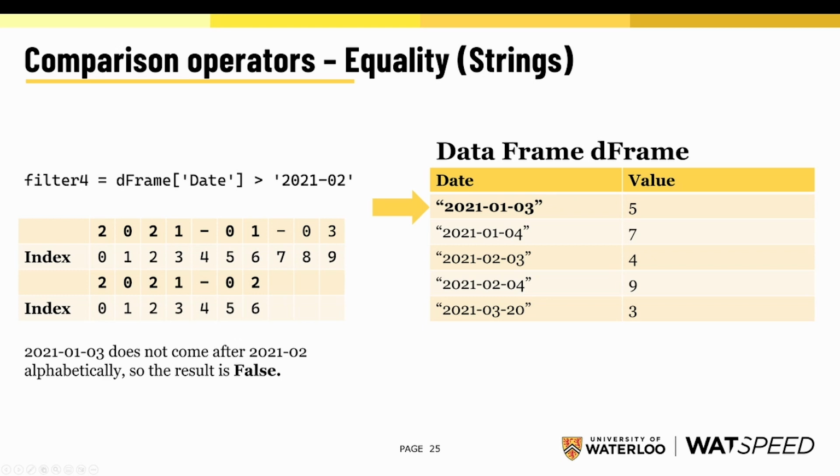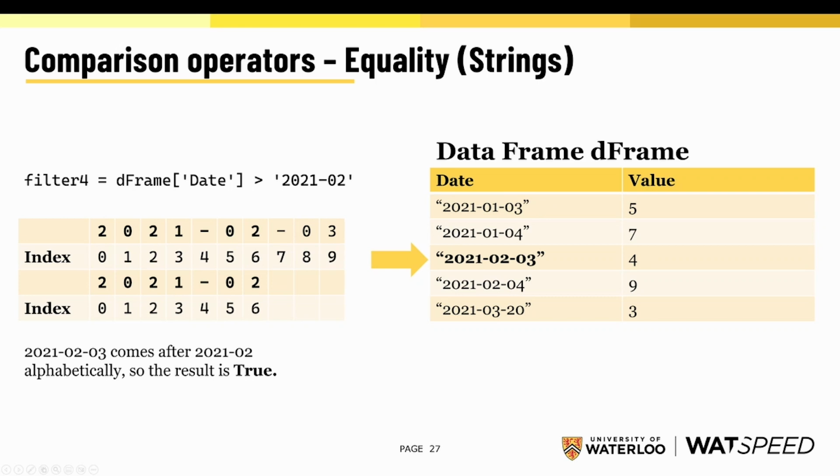At index 6, you'll notice that string 1 has the character 1, and our comparison string 2021-02 has the character 2. 2 comes after 1 in the dictionary. Therefore, our entire expression, is 2021-01-03 greater than 2021-02? That expression comes out to false.